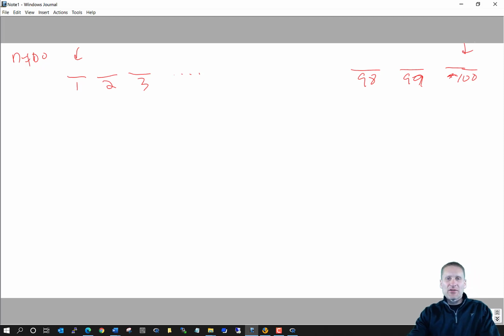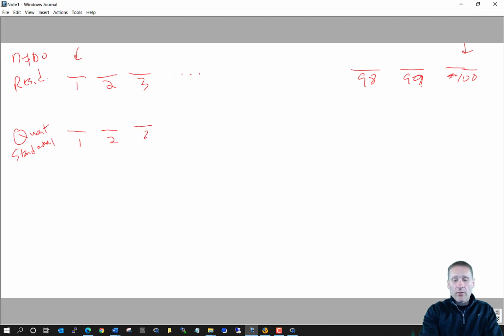Here is the largest residual. Now, these are my residuals. Let's also find quantiles from a standard normal, and let's say this is the first quantile that we're going to find out of 100 different quantiles.